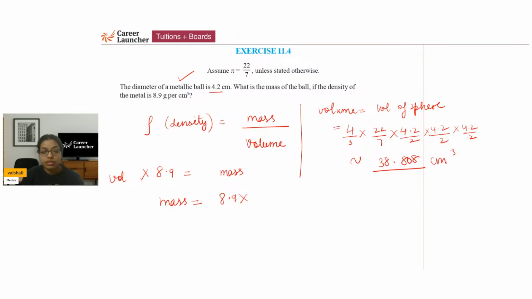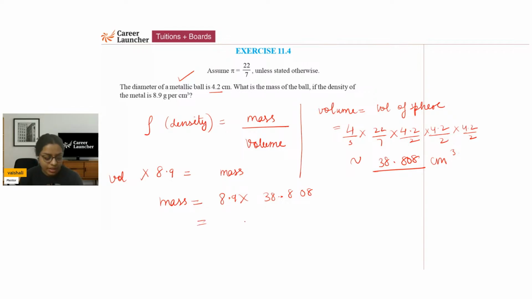And now calculating the mass, we have the density and the volume. I'm going to substitute this value back here. And it's not necessary कि पहले volume आप find करेंगे and then value substitute करेंगे. It's totally up to you कि मैं mass को 8.9 multiplied by यही calculation को मैं यहाँ लिख के further solve कर सकते हैं. That's totally open to you.